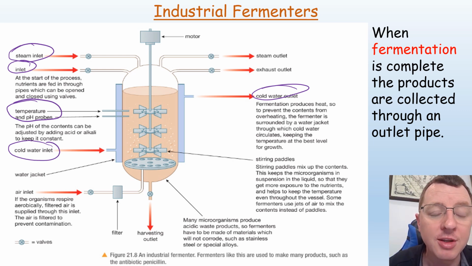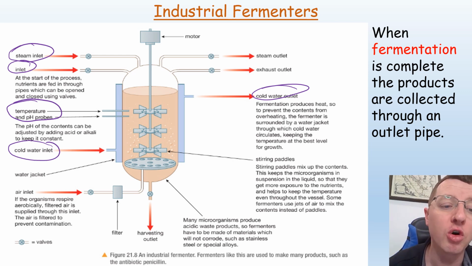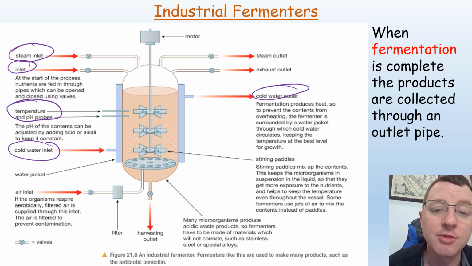Now, if the temperature begins to rise too much, we can add more cold water. If the temperature begins to drop, we add less cold water, so we can maintain that optimum temperature. The pH probe does a similar job. The pH of the contents can be adjusted by adding acid or alkalines to keep the pH constant.